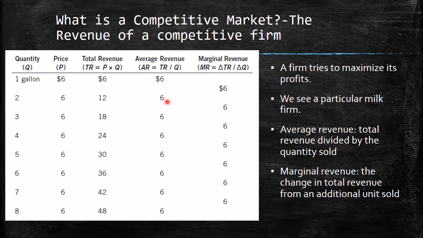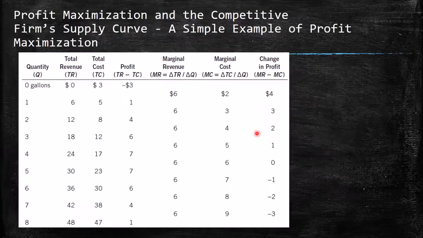So this is really important what I'm going to say. In a competitive market, the price is exactly the same as average revenue and equal to marginal revenue.